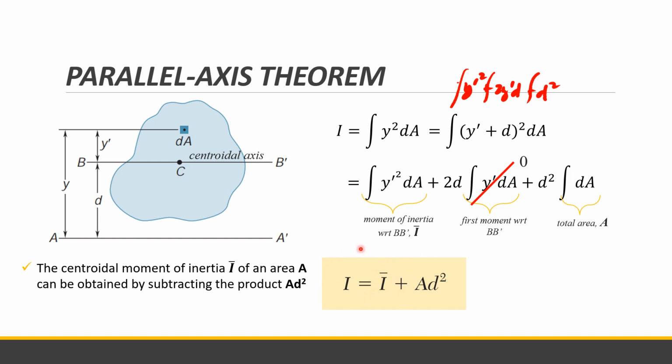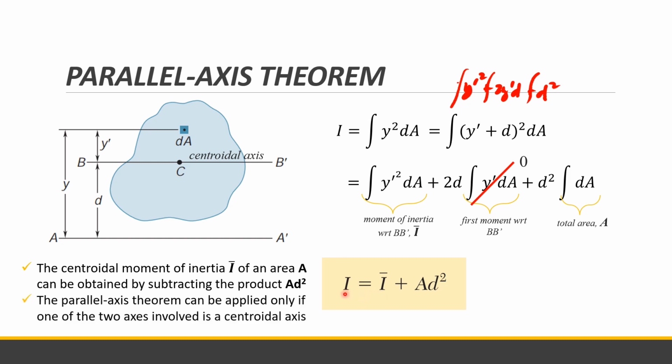So you can interchange these equations by determining the moment of inertia with respect to an axis or the moment of inertia with respect to the centroidal axis. The parallel axis theorem can be applied only if one of the two axes involved is a centroidal axis. For example, if aside from AA prime you have another axis CC above it, you cannot solve it, because the parallel axis theorem is not applicable to CC and AA.